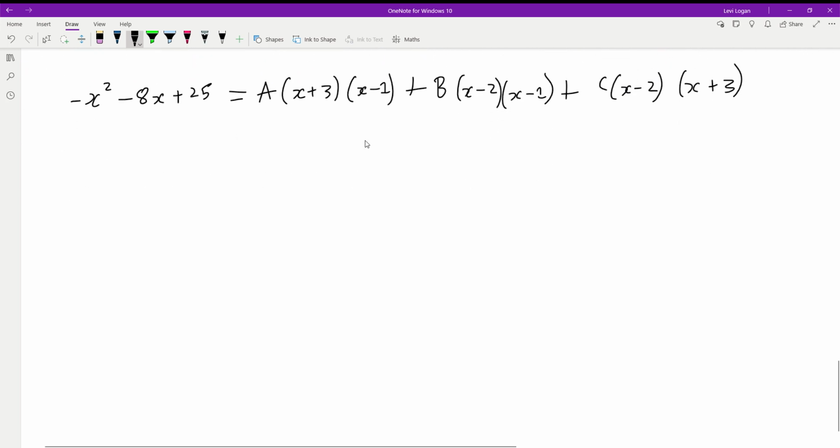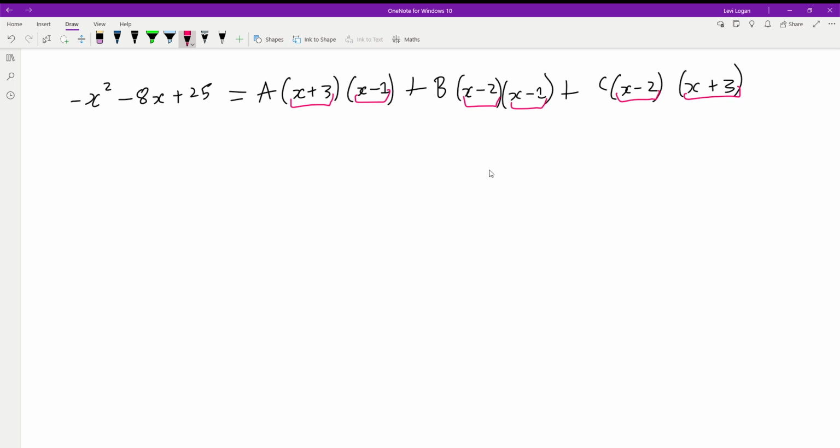So what do we do now? Well, we've got to try and equate things. Now, do you notice, because these are proper factors, if I substitute some of these numbers in here, things are going to start cancelling out.